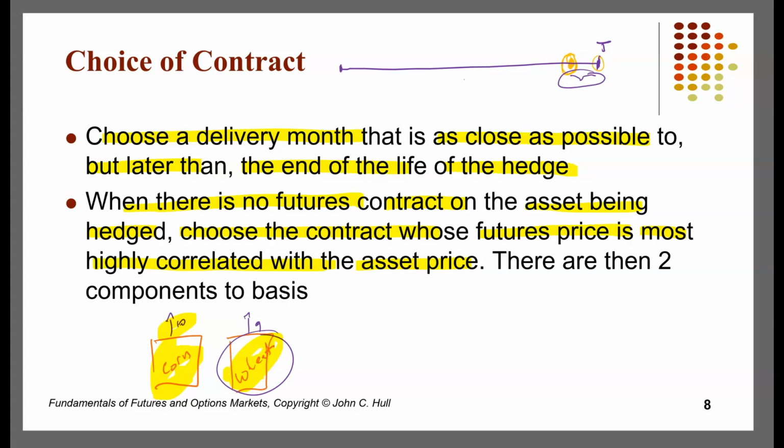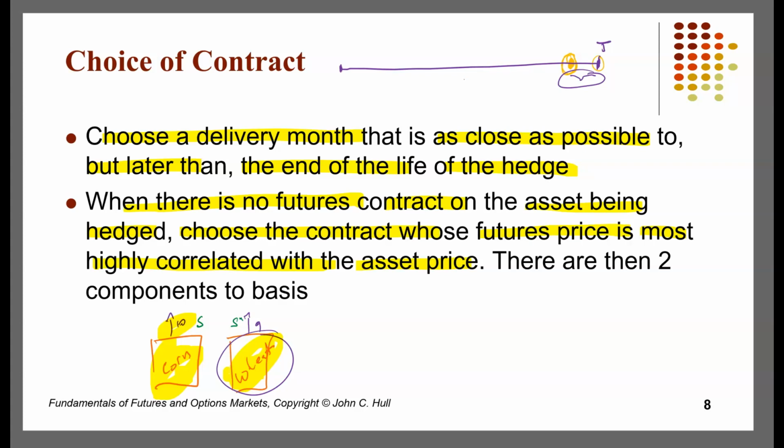Now, if we did this, then you would not only have one component to the basis, you would have two components to the basis. The first component of the basis would be what you know, the difference between spot and futures price. But then the second component of the basis would be the difference between the price of corn and the price of wheat.